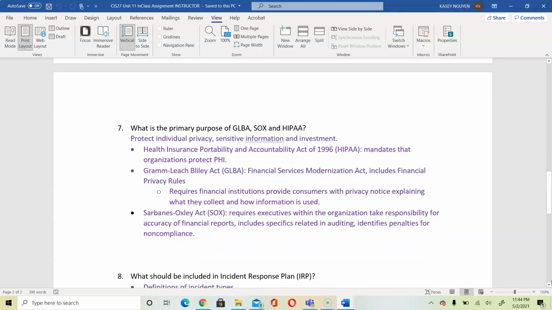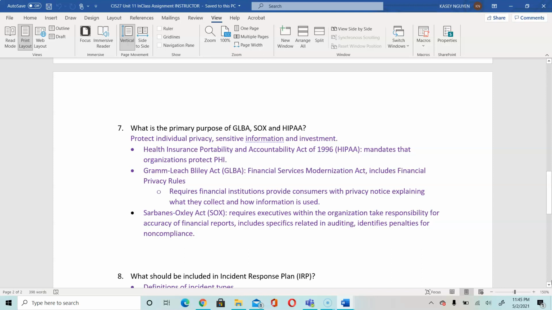HIPAA, which mandates organizations to protect PHI. The Gramm-Leach-Bliley Act, GLBA, the Financial Services Modernization Act, which includes financial privacy rules. That requires financial institutions to provide customers with a privacy notice explaining what they collect and how information is used. The Sarbanes-Oxley Act, which requires executives within the organization to take responsibility to accurately report financial status.